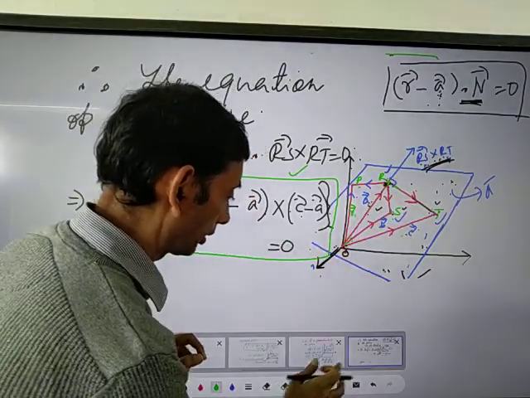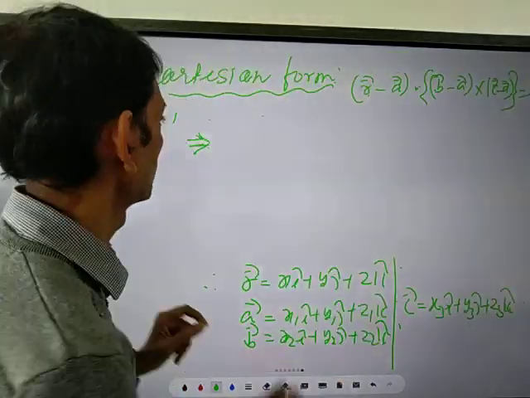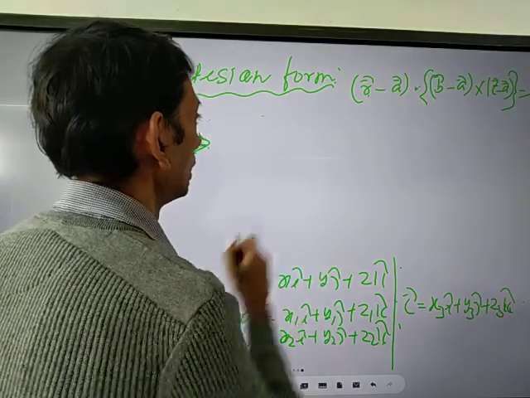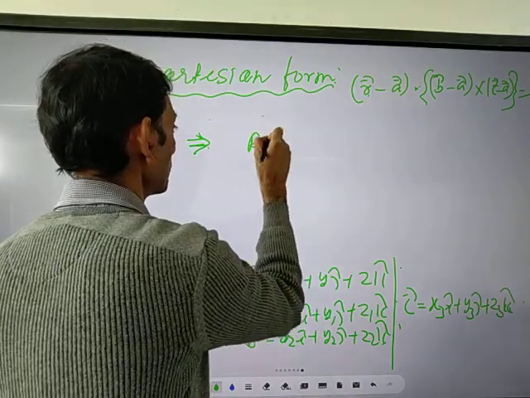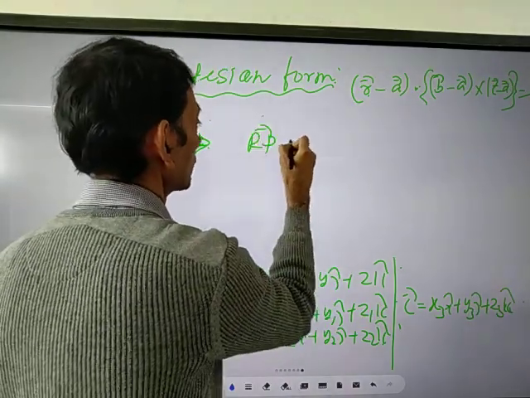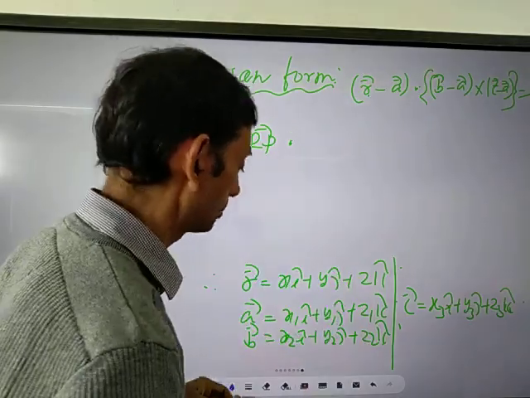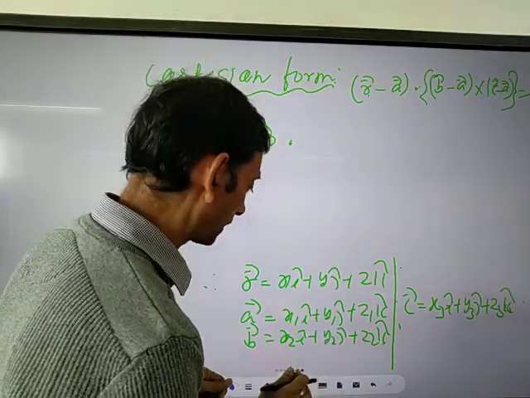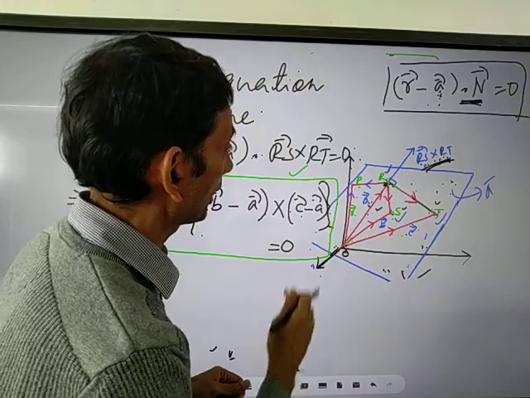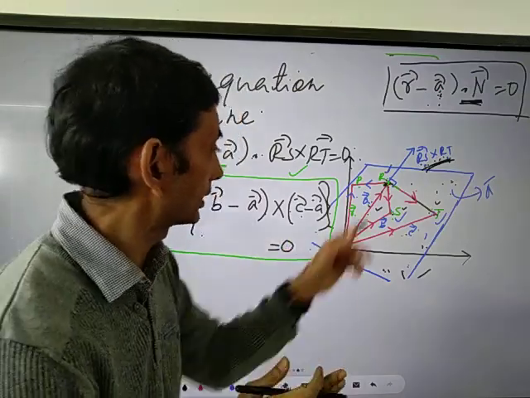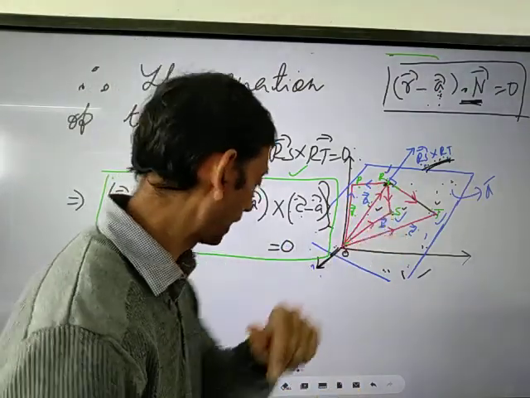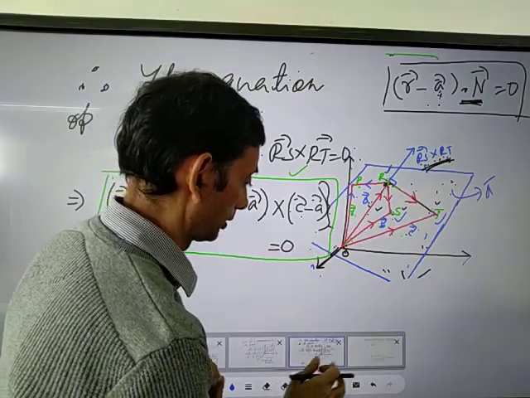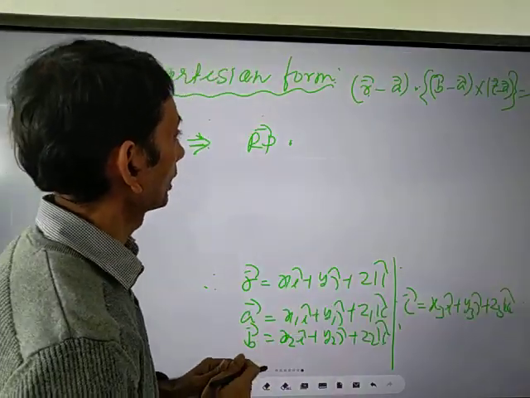So if we change to this, this is rp, dot, this is b minus a, all of which you can write in terms of r. This is rp, this is rs, rt.